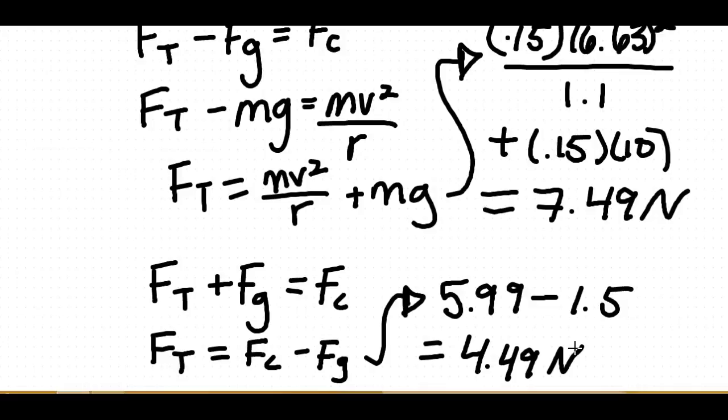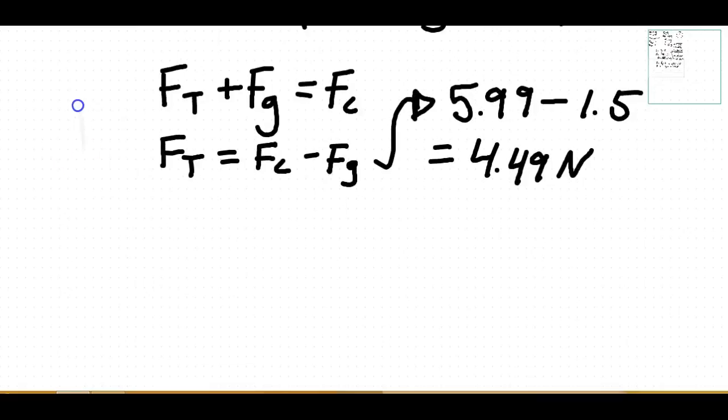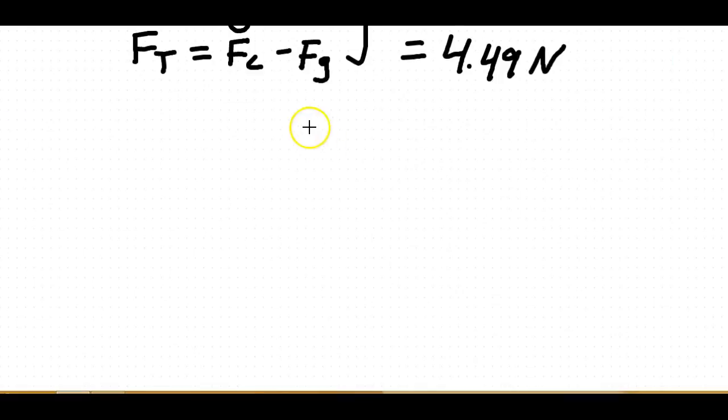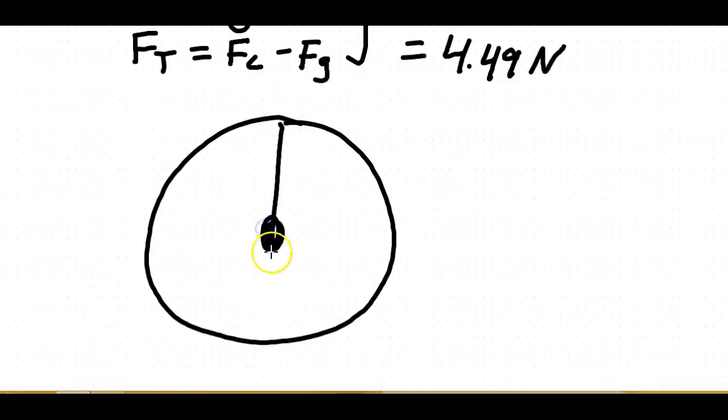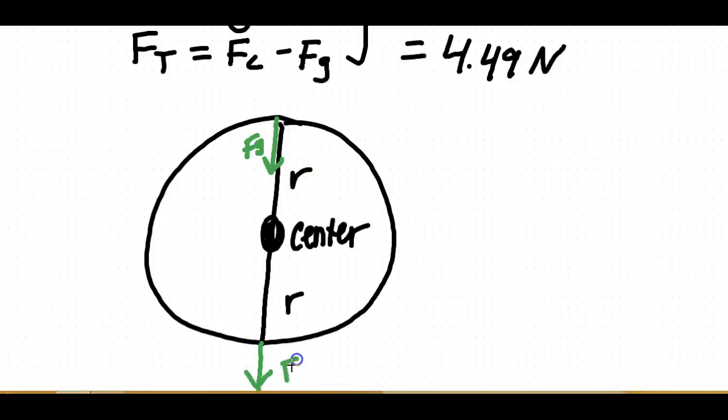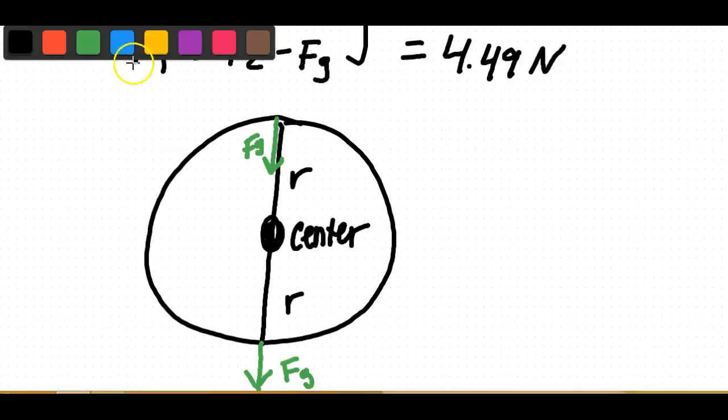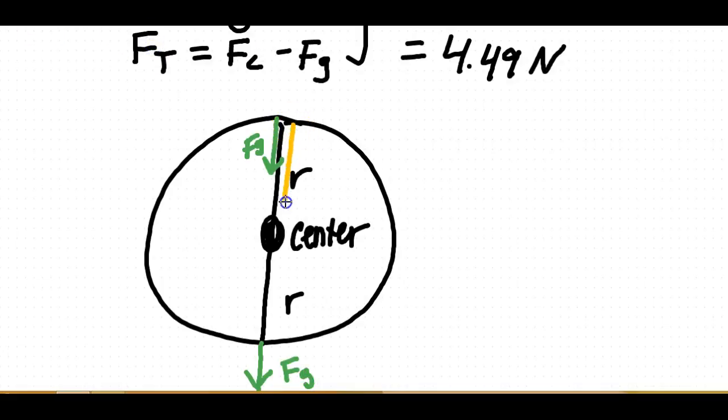So when you have your forces for your vertical circles, here's what they're going to look like. You have your string, and there's your center, radius, radius. At the top, your object has a force of gravity pointing straight down, and at the bottom a force of gravity pointing straight down, of the same size. At the top, it has a centripetal force pointing inward, made up of the force of tension and the force of gravity.